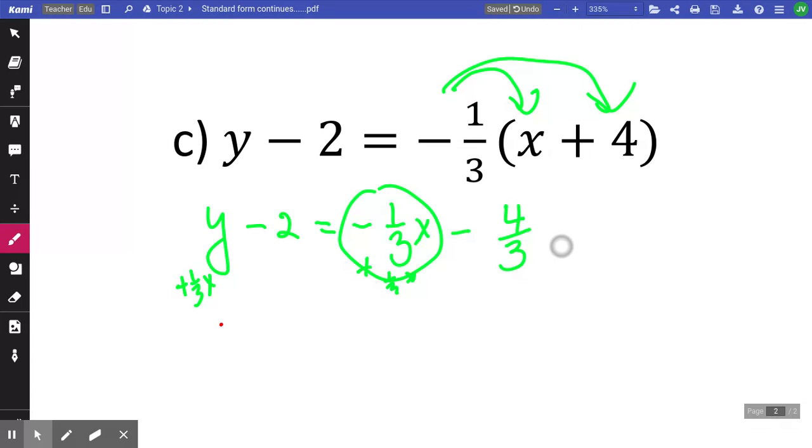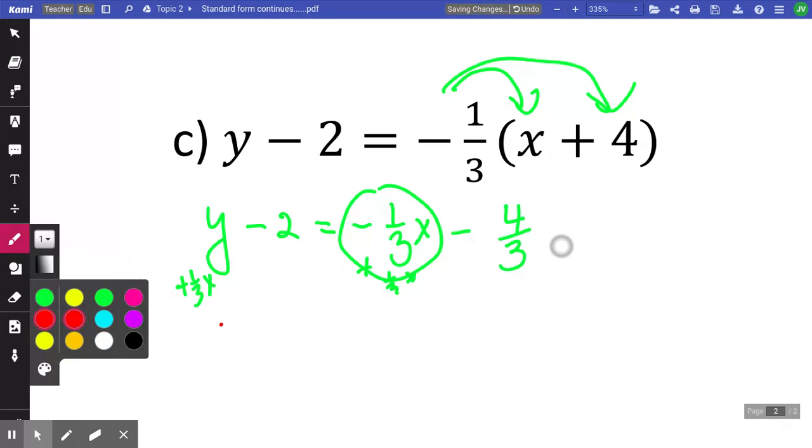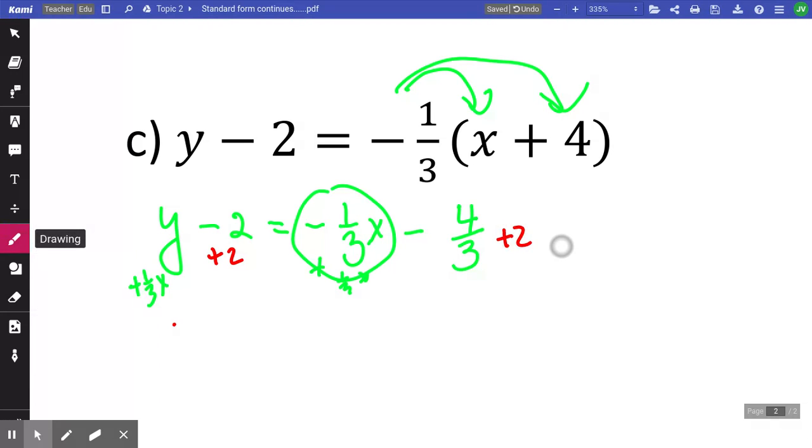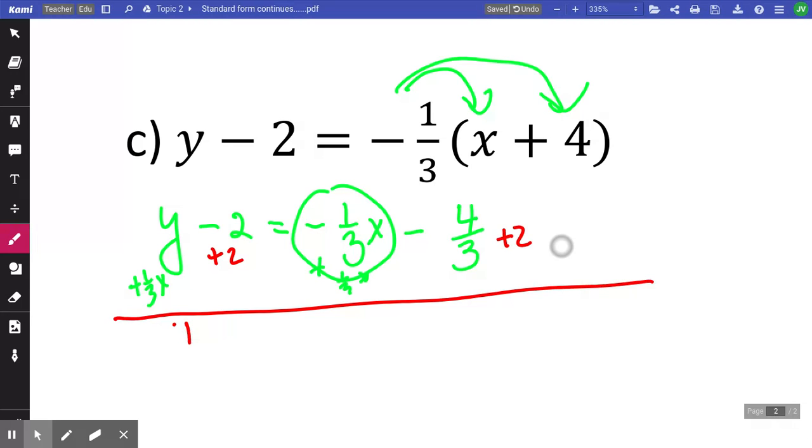In the meantime, I can also cancel this 2 by adding 2. Okay? All right. So let's see what I have on this side. I have 1/3 x plus y equals negative 4/3 plus 2.